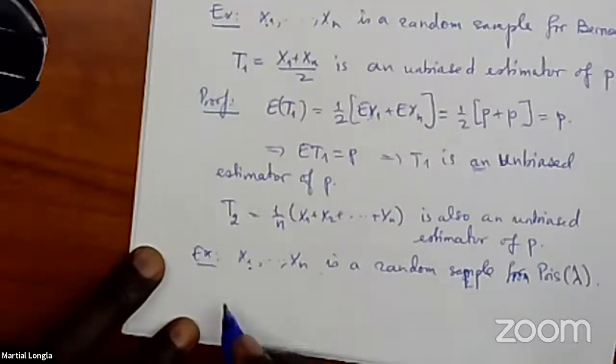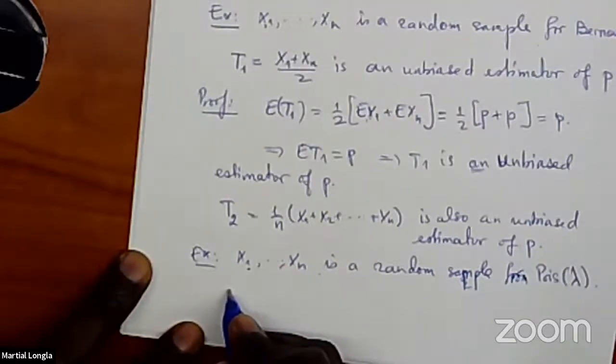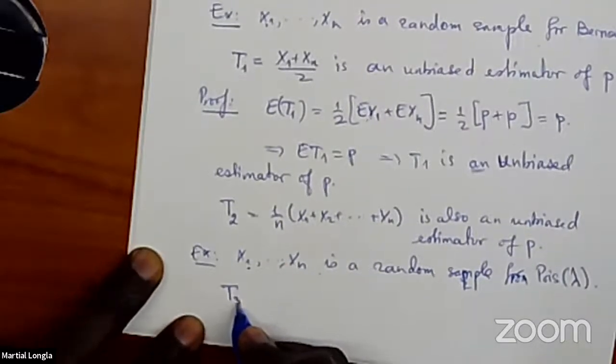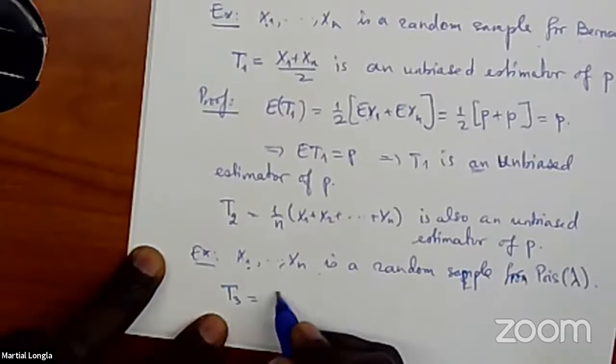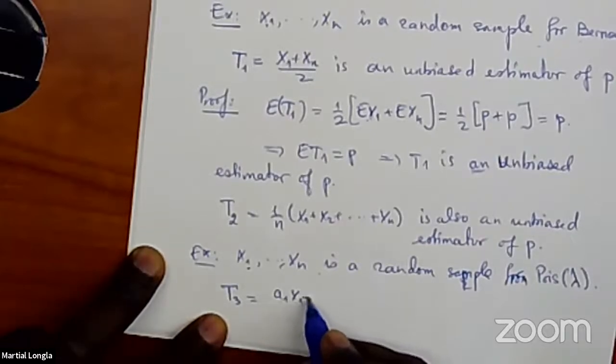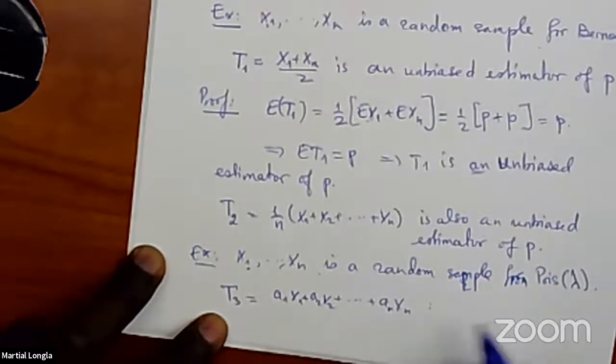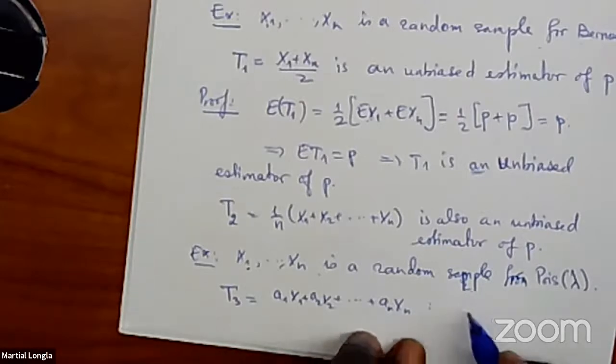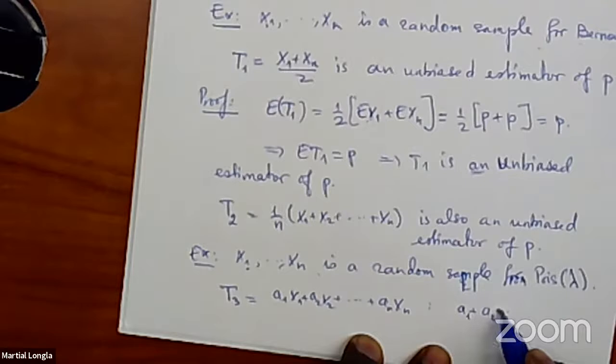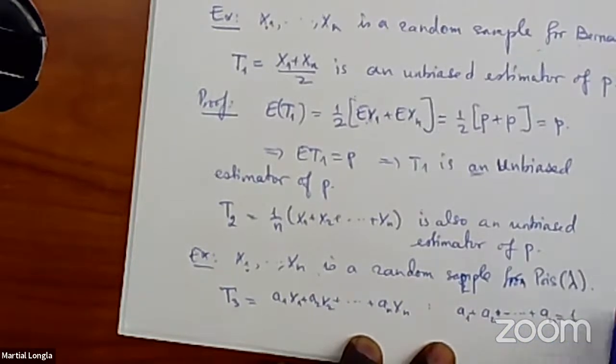So in this case, if I define T3 equals A1 x1 plus A2 x2 plus AN xn such that A1 plus A2 plus AN is equal to 1.